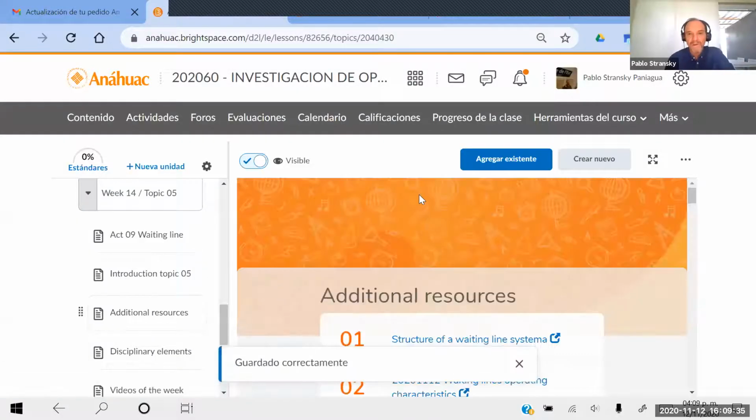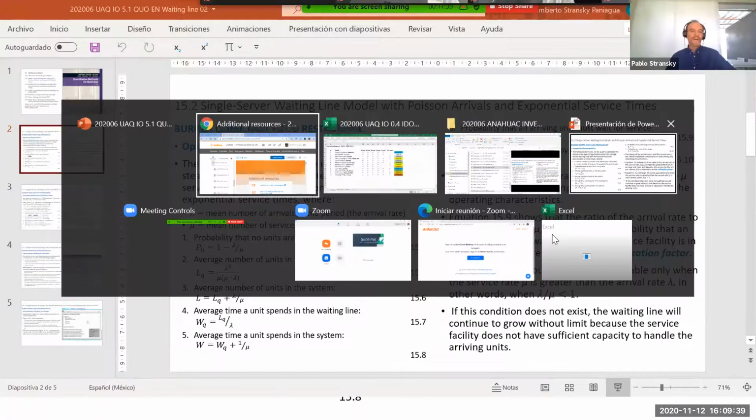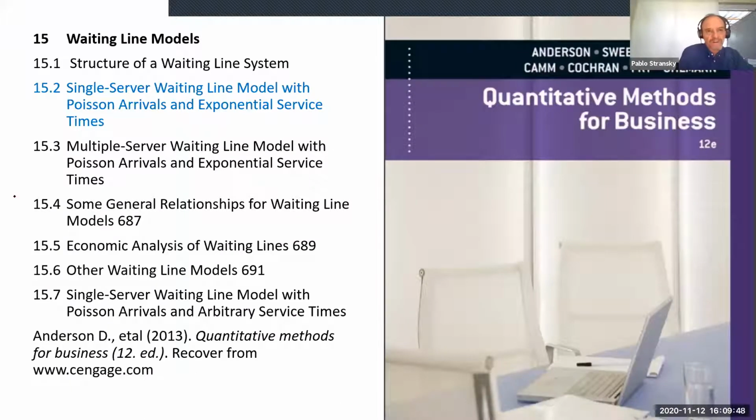And this is what we're gonna be working today with. Okay, so what do we got here? We're gonna check section 12.2, this one, okay? This is what we saw last class. This is what we're gonna be working next Tuesday.